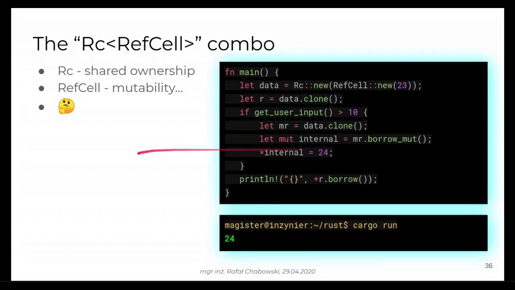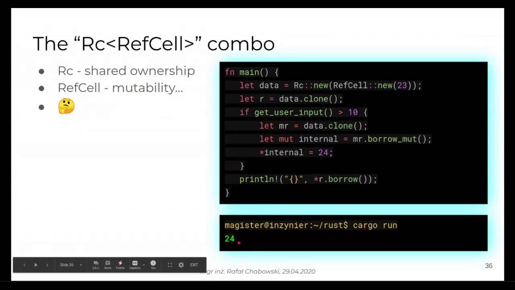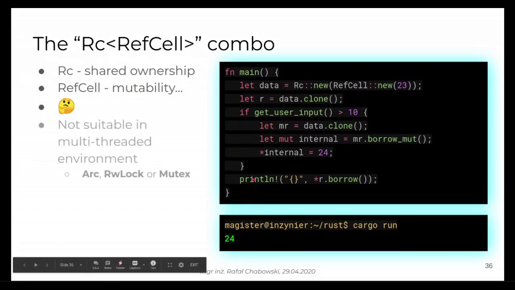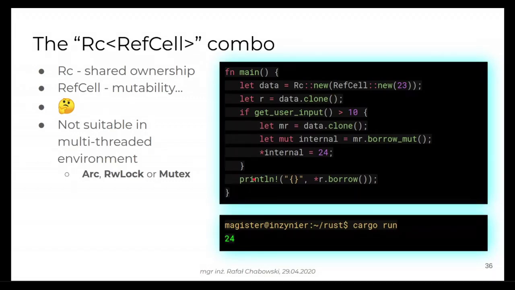So it works well, but the guy who relies on the data that he can receive through this reference might be a little bit surprised when he sees that this data was changed. Okay, so let me emphasize once again that this is appropriate in the single-threaded environment only. For multi-threaded one, you should use stuff like Arc, RwLock, or Mutex.